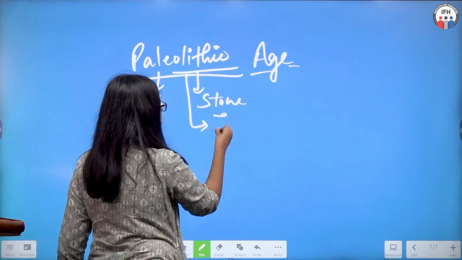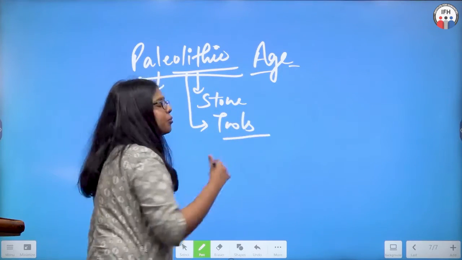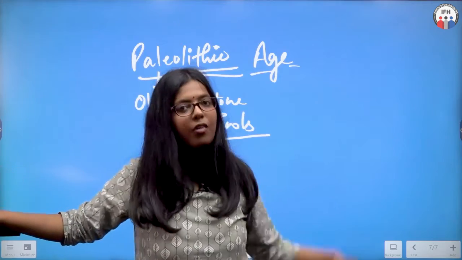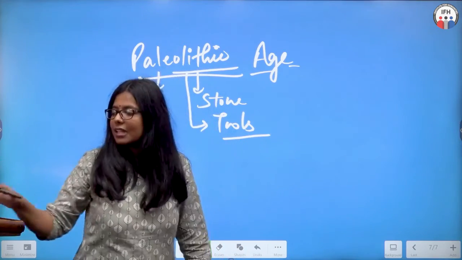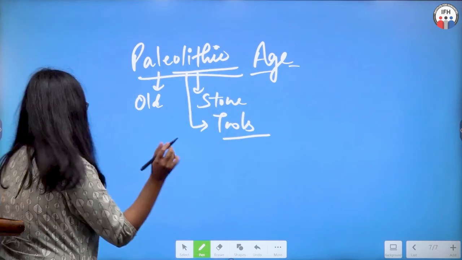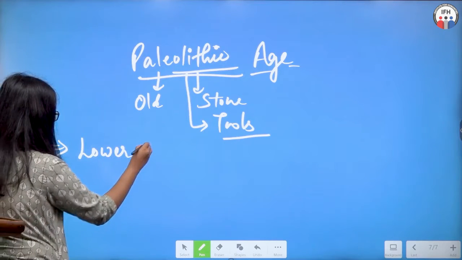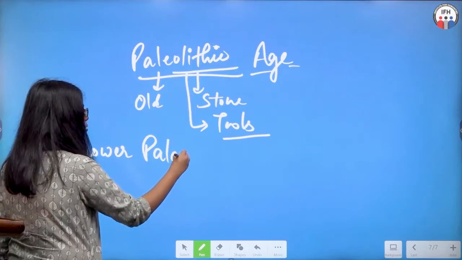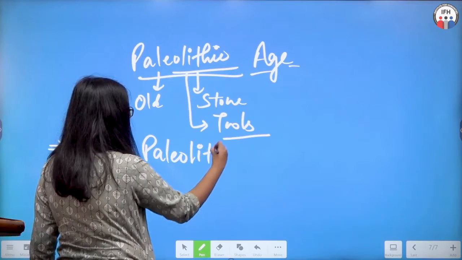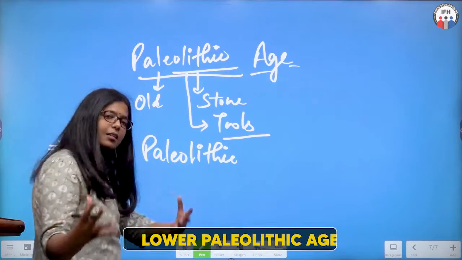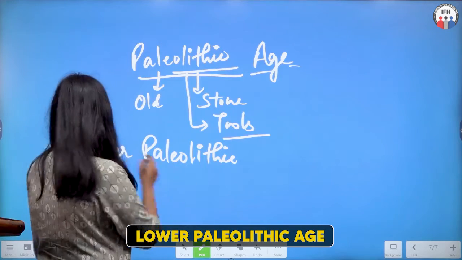Because the tools which we are going to look at are made of stone. In Paleolithic, there are three divisions: lower, middle and upper. In this also minor evolutions are happening. That is why the categorization will go further.